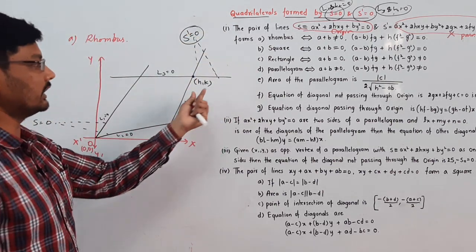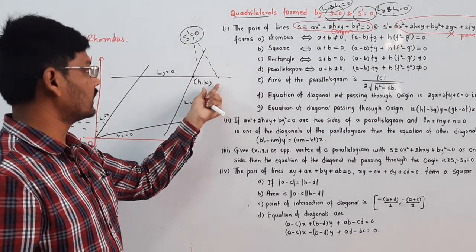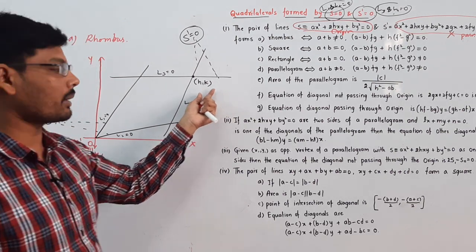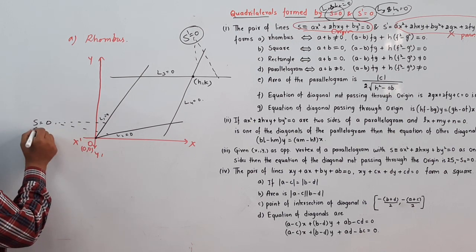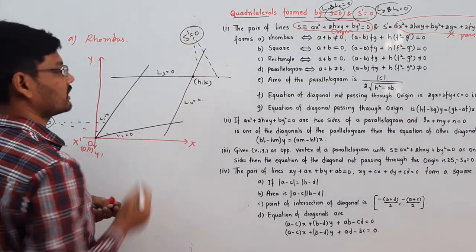Why? Because these two are not passing through origin, it is having the point of intersection h comma k. These two lines are passing through origin, and this is S is equal to 0 and this is S dash is equal to 0 here.